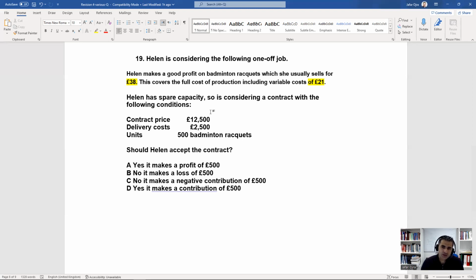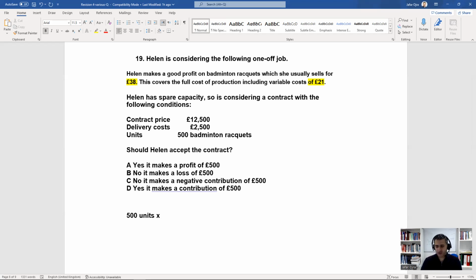Okay. So now let's work out if Helen is making a profit or a loss. It's very simple. First of all, we have 500 units.